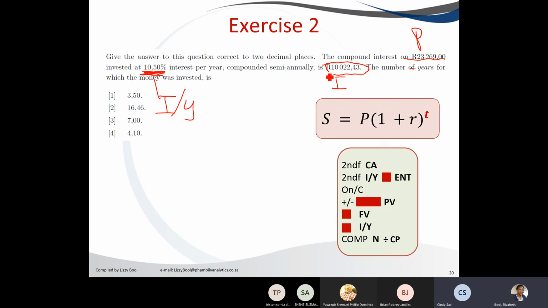Then you add your 10,022.43 interest, and you get your future value, which I'm going to write as S. Then you can just substitute into the formula. So you actually have everything except N.